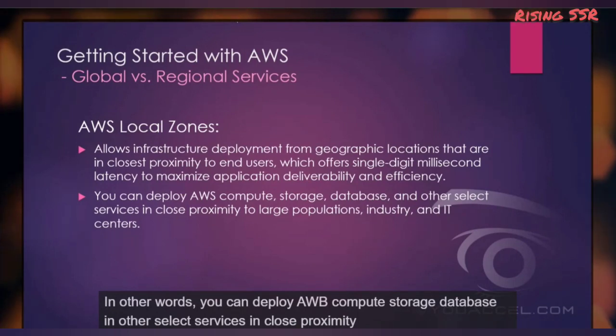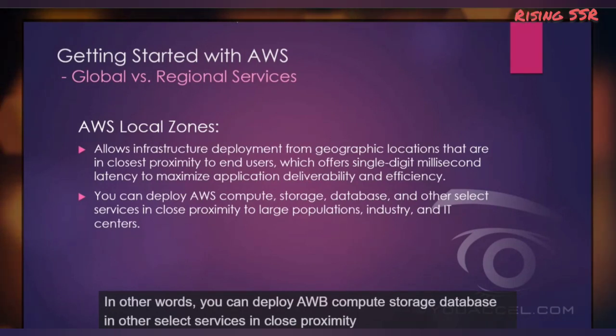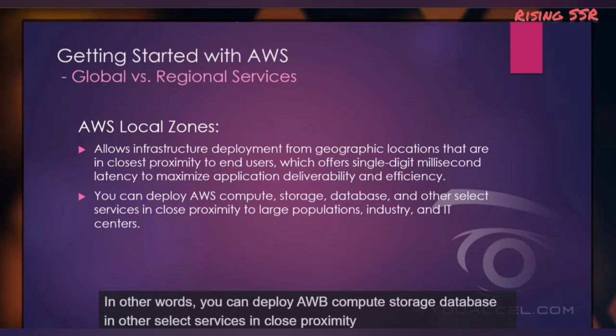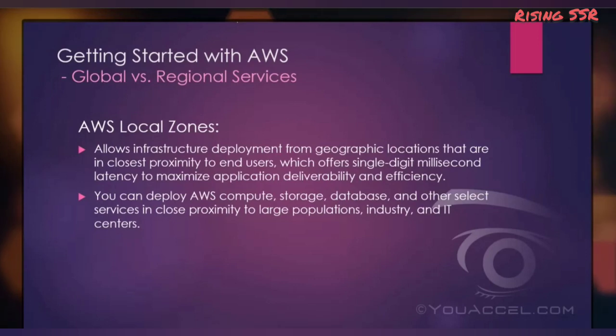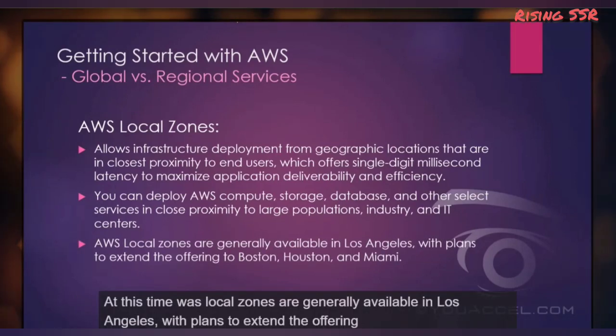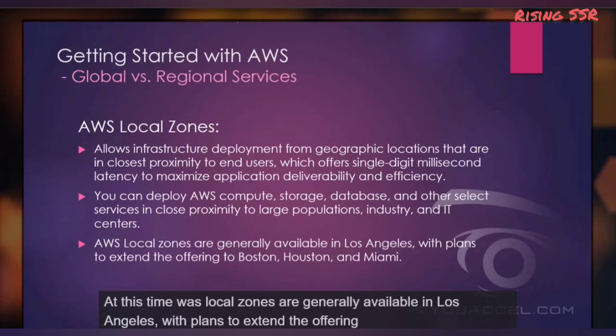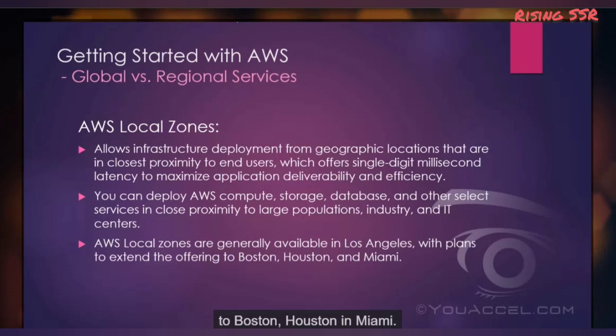In other words, you can deploy AWS compute, storage, database, and other select services in close proximity to large populations, industry, and IT centers. At this time, AWS local zones are generally available in Los Angeles, with plans to extend the offering to Boston, Houston, and Miami.